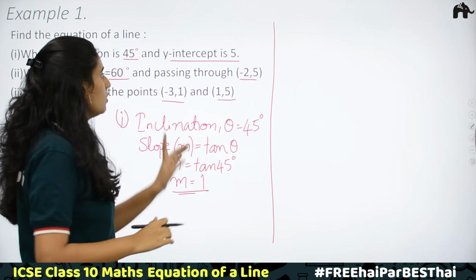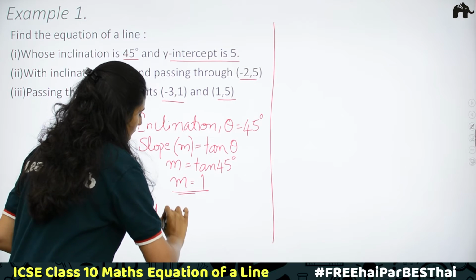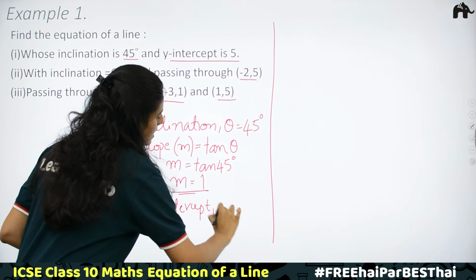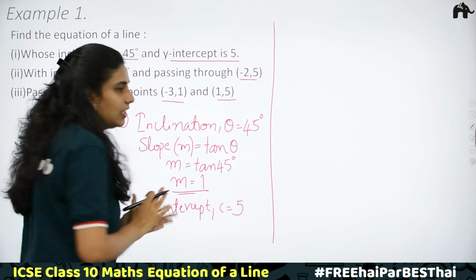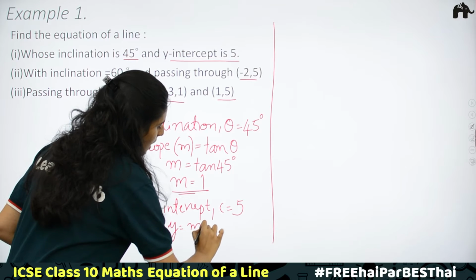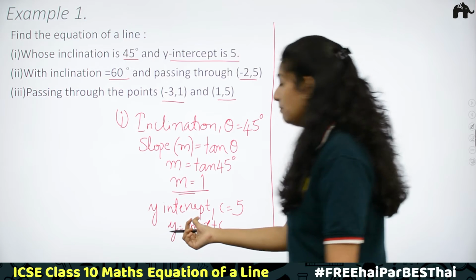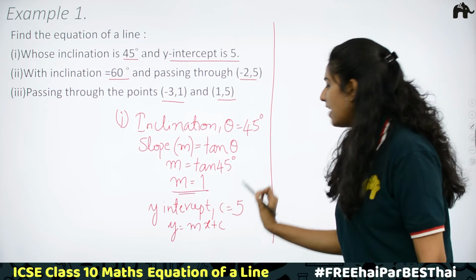We got the slope, and what else is given? Y-intercept is given. Y-intercept is represented by the letter C. Y-intercept C is equal to 5. Now, we can write the equation of line. We have y is equal to mx plus c. Here we have determined the value of m, that is slope, and the y-intercept c is already given, which is 5.